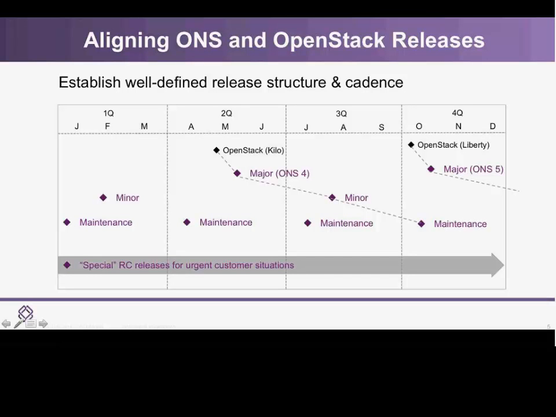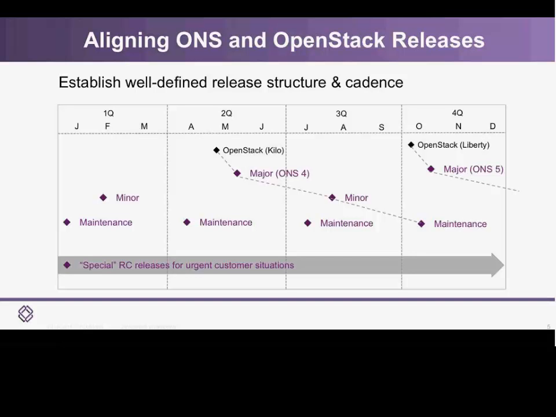And what we want to do is to be able to release a major ONS release within weeks of an OpenStack release, and then carry that major release through minor and maintenance releases through a 2 to 3 quarter period, and then repeat that same sequence for the next release. So at any given time, you'll have 2 major releases active from PLUMgrid.